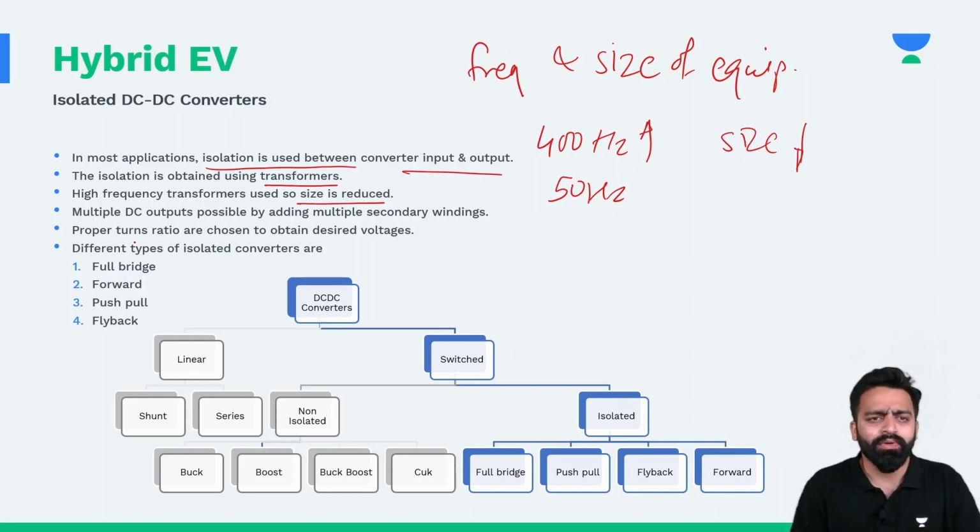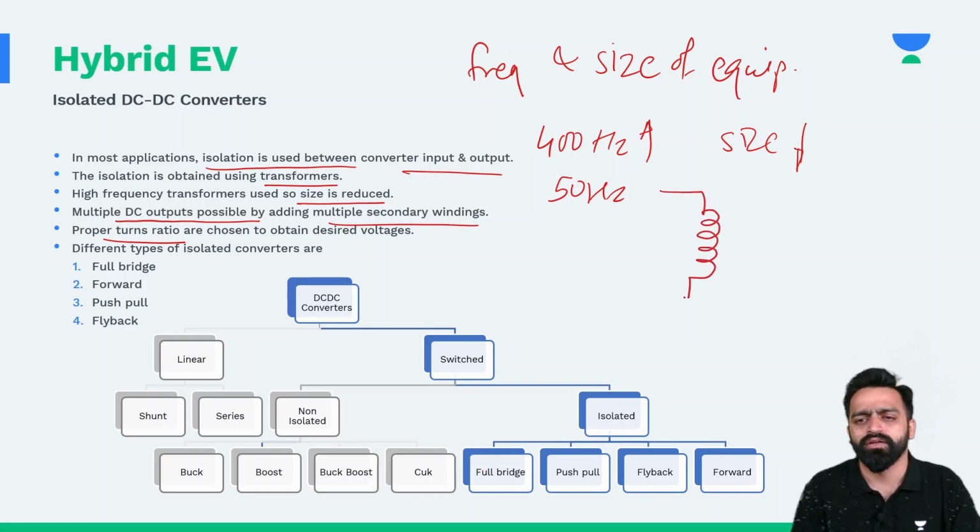Such multiple converters can be used to get multiple DC outputs, possible by adding multiple secondary windings. You can add more and more transformer windings to get more and more secondary output voltages. And it is very important to have proper turns ratio. Now what is turns ratio? If I want to show you in simple language, this is the transformer primary winding, this is core, and this is the transformer secondary winding.